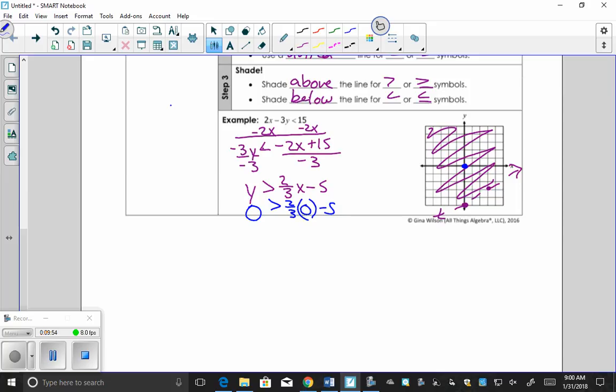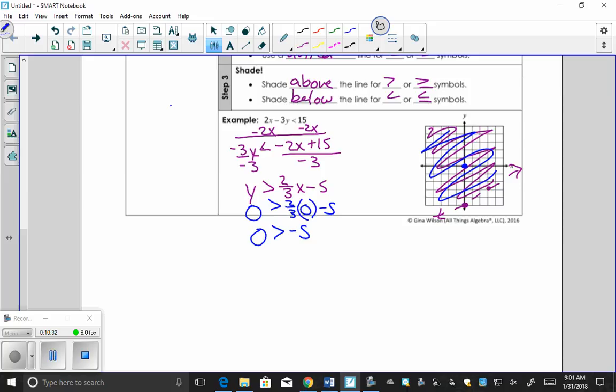And solve. What's 2 over 3 times 0? 0. Minus 5. Is 0 greater than negative 5? If the answer is true, you shade that region. If it was false, you shade the other region. Okay, that's another way you can do this, by just picking an ordered pair and plugging in. Your ordered pair cannot fall on the line. If 0, 0 is part of your line, you have to pick a different ordered pair.